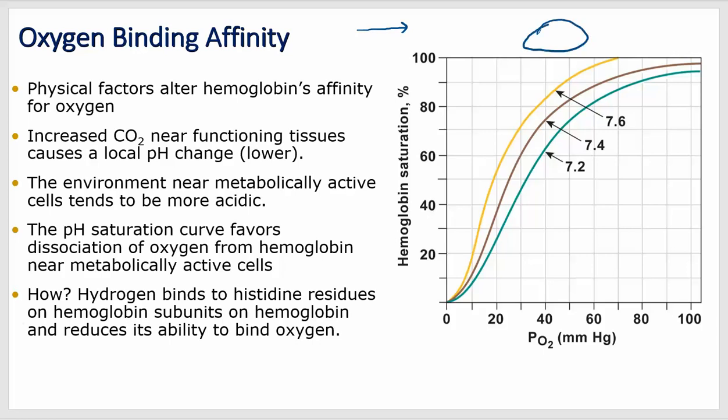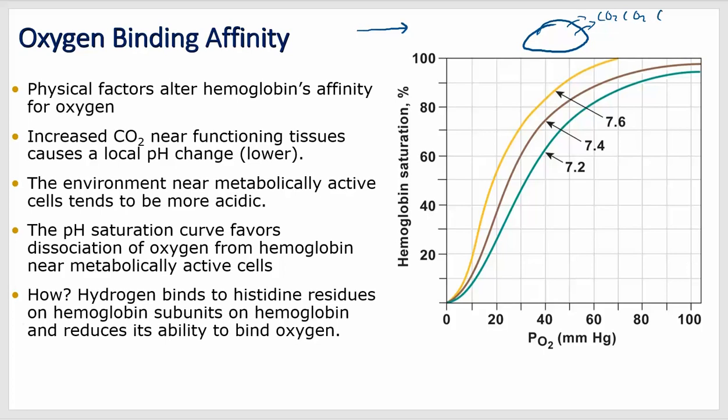So first of all, that's a cell. One of the things that goes on in the cell is it's producing a lot of carbon dioxide. So lots of carbon dioxide in there. And what did we say happens to carbon dioxide when it's dissolved in water?